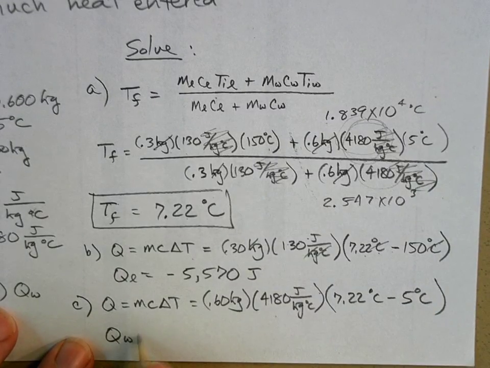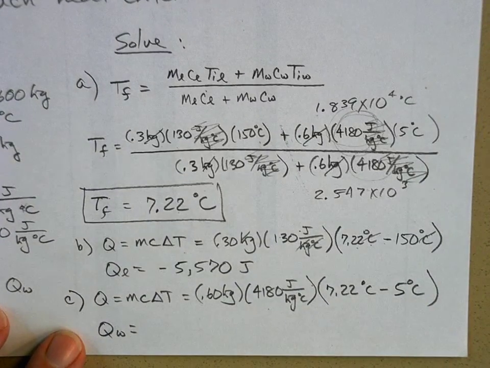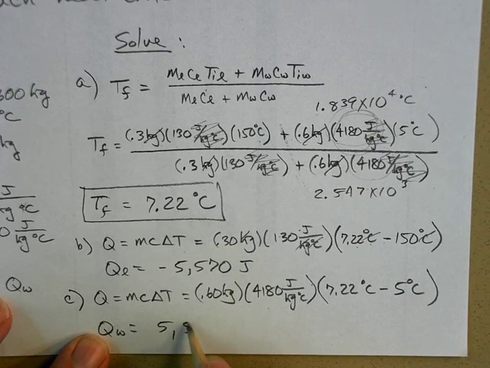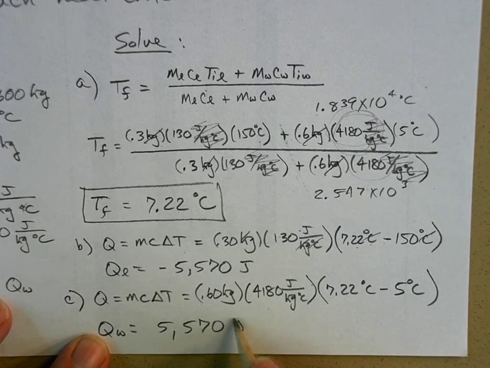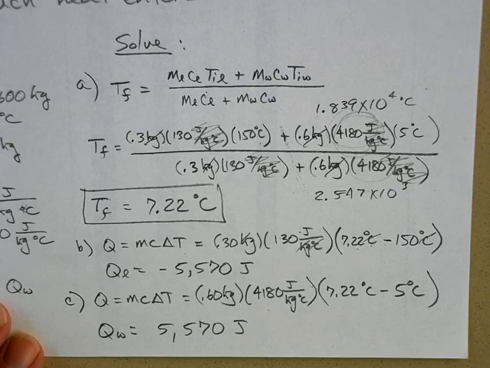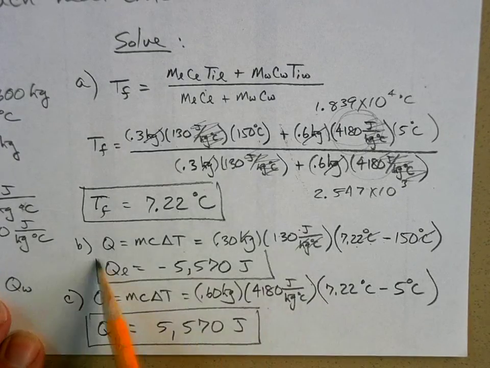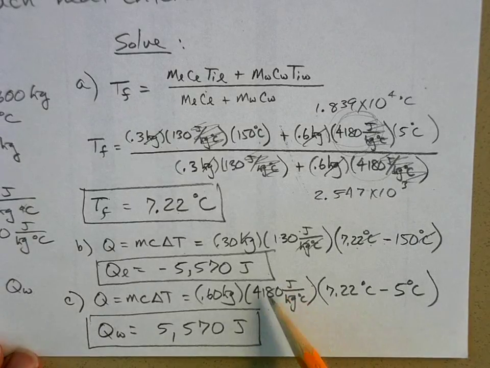So Q for the water: 0.6 times 4180 times parentheses 7.22 minus 5. Oh, what do you know? I got positive 5,570 joules. Well, look at that. It's the same number.